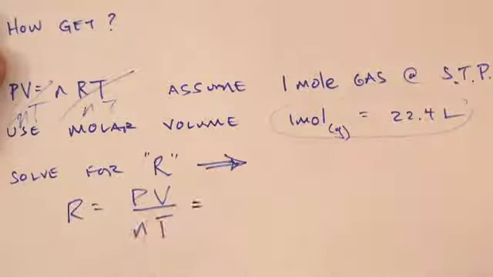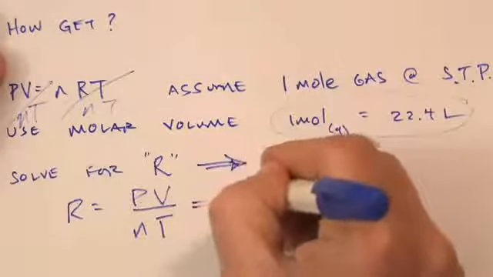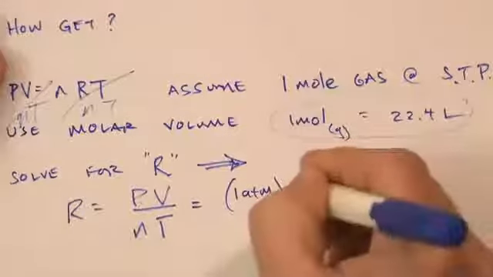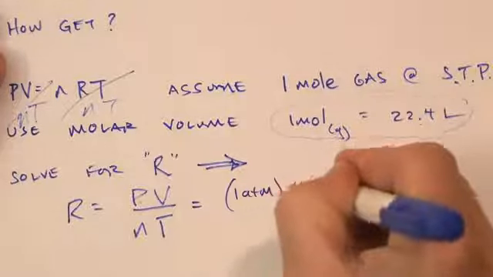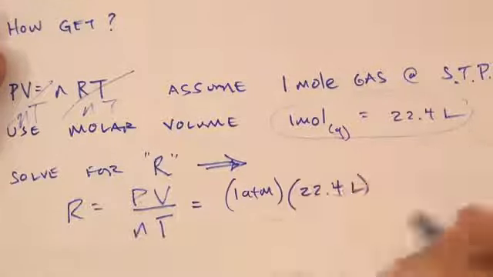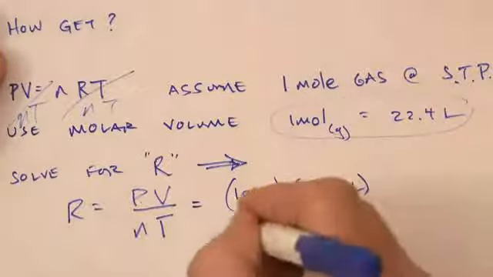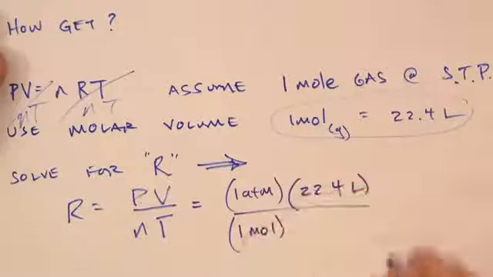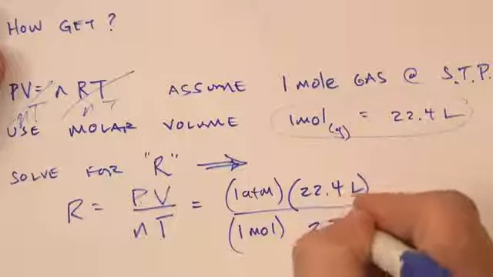And if we plug in the pressure, standard pressure is 1 atmosphere. The molar volume, the volume of 1 mole of gas, any gas at standard temperature and pressure, which we just solved before, that's approximately 22.4 liters. Divide this by our number of moles, which we're assuming is 1 mole, and then multiplying it by standard temperature, which is 273 Kelvin.